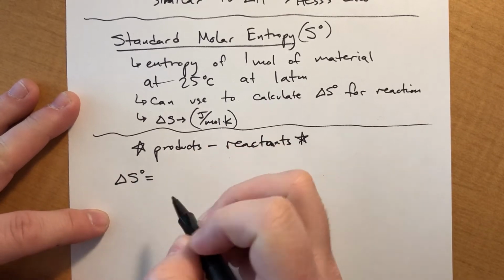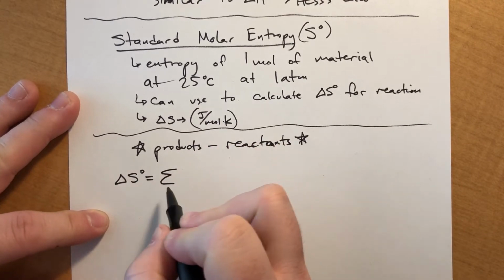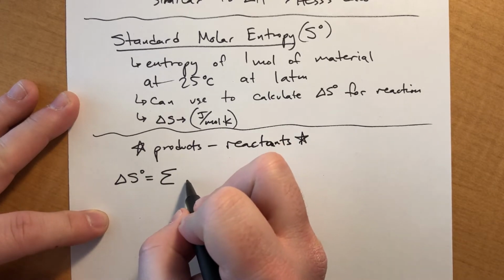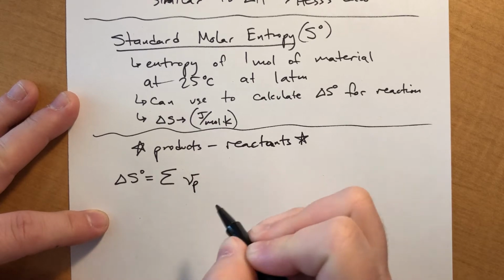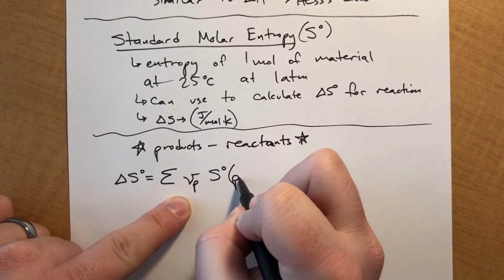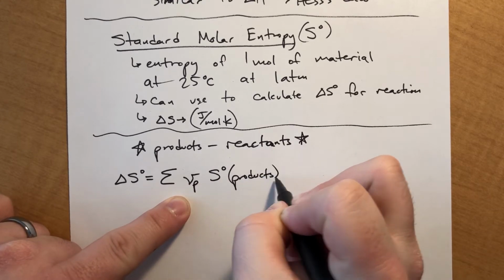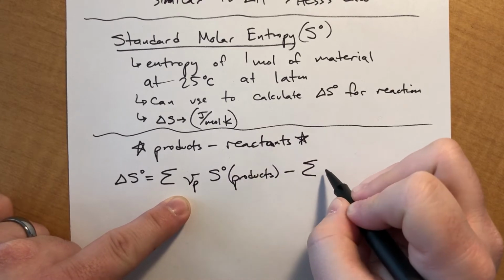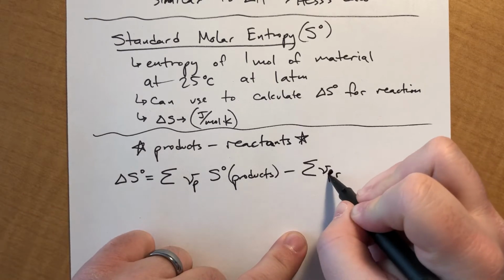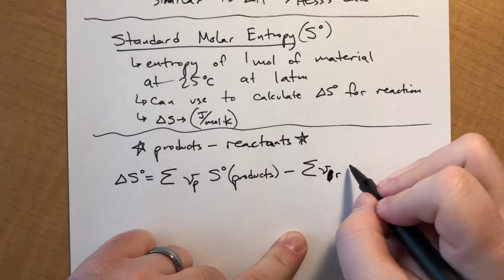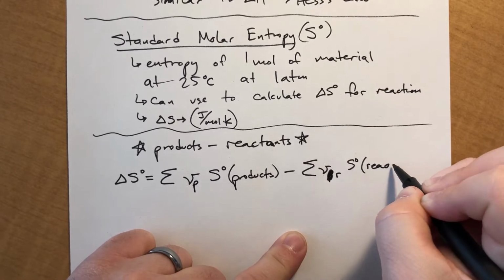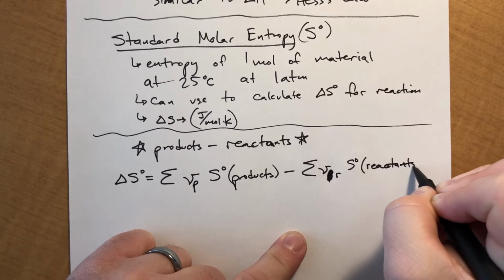Okay. It is the sum, that's an uppercase sigma, of the coefficients of the products times each of their individual S values of the products, minus the sum of the coefficients of the reactants, that's what's supposed to be an R, of the reactants times their S values for the reactants.